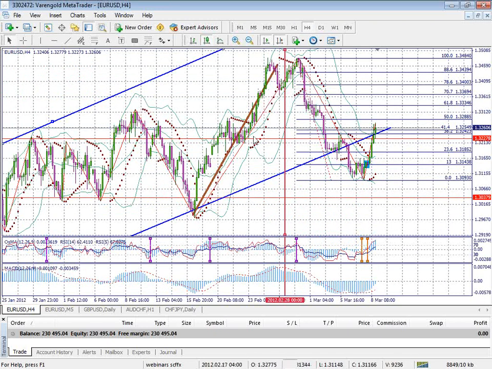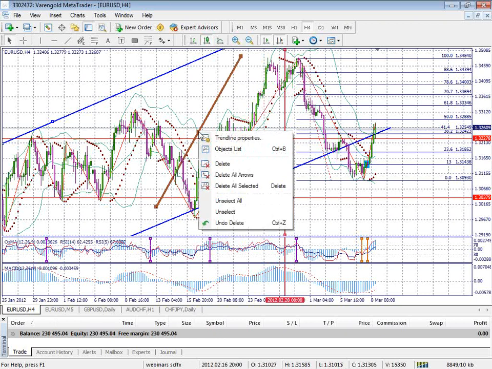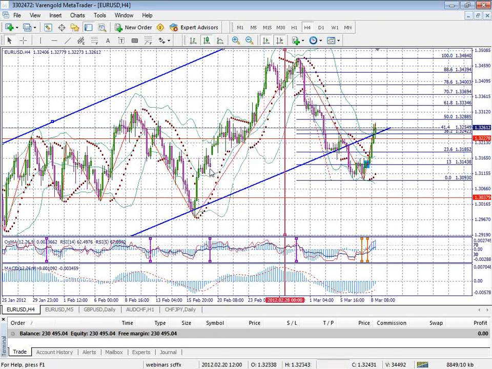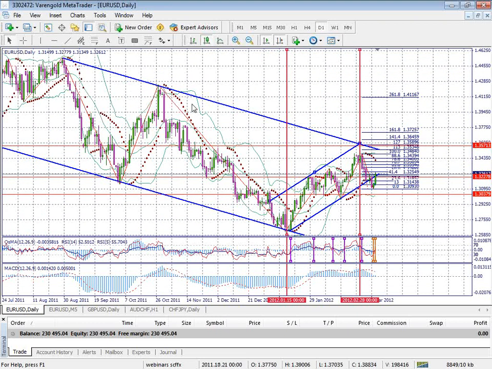That line is not a trend. It's something visual. Just I want to draw the wave into one line, nothing more. Those blue lines are signifying the channels. We have the channels into the daily chart, and we talk about the channel on 4-hour chart.